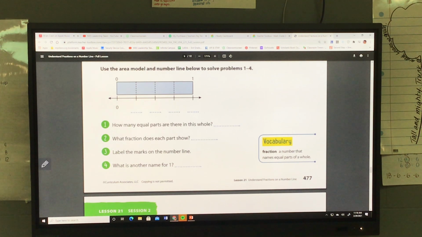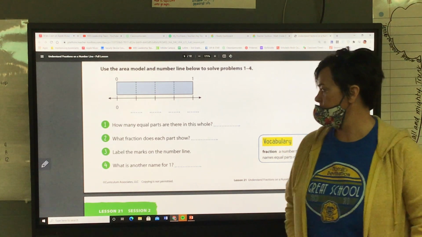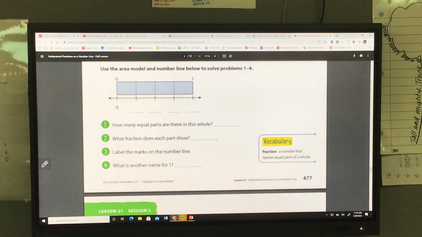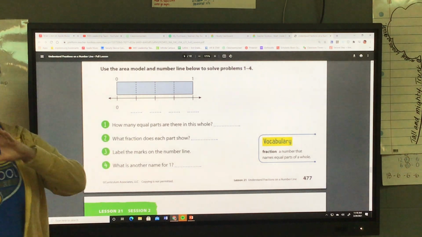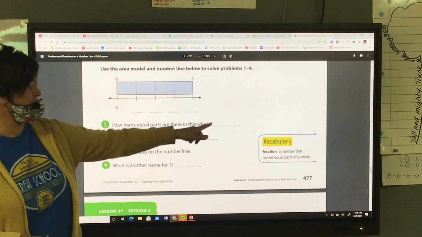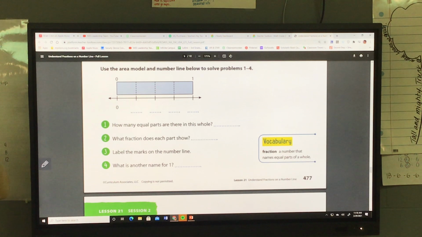All right, you should have had enough time to complete that now. So now look at part 1. How many equal parts are there in this whole? So count how many equal parts there are and write that number down for part 1.